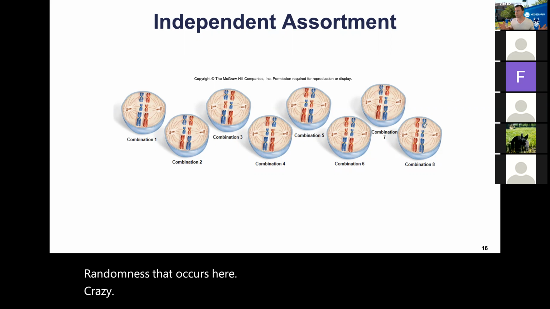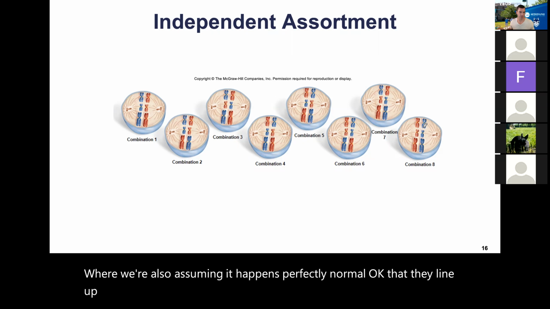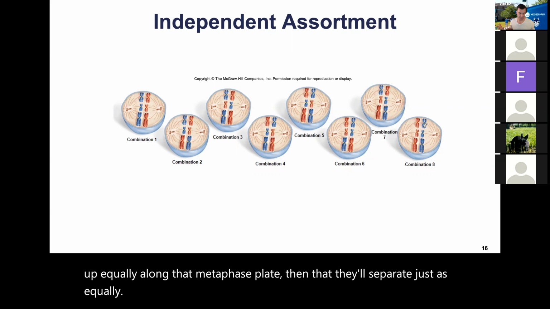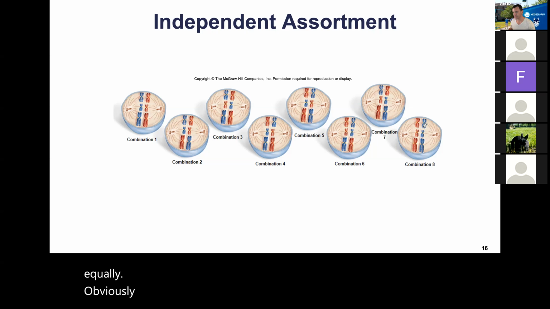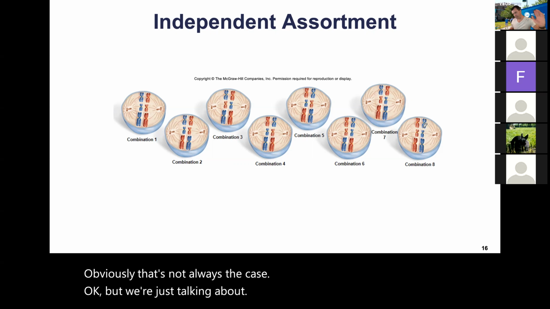We're also assuming it happens perfectly normal, okay? That they line up equally along that metaphase plate and that they'll separate just as equally. Obviously, that's not always the case, okay? But we're just talking about normal, everything is peachy fine.